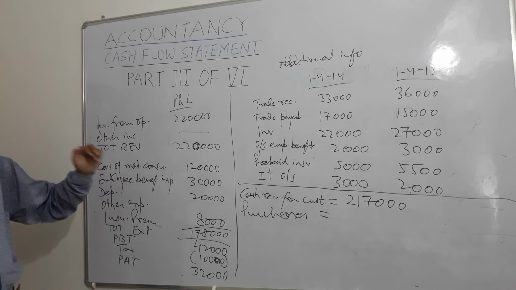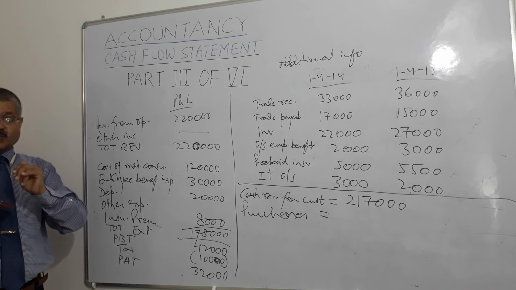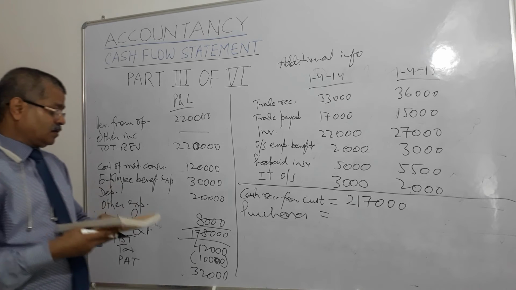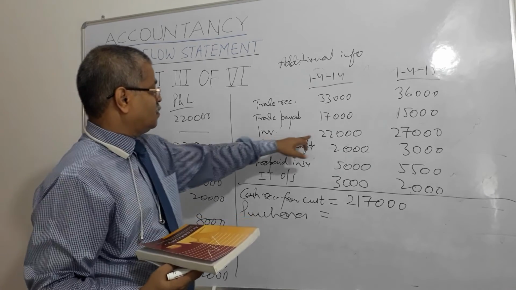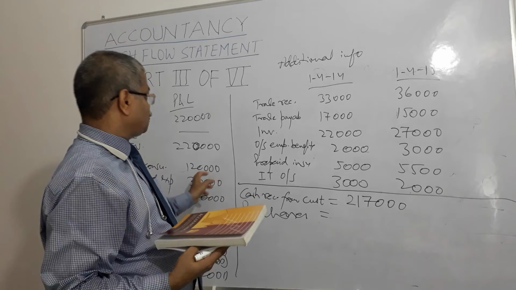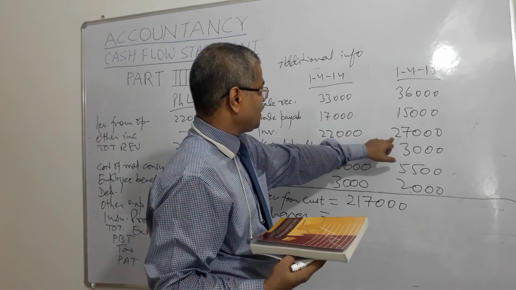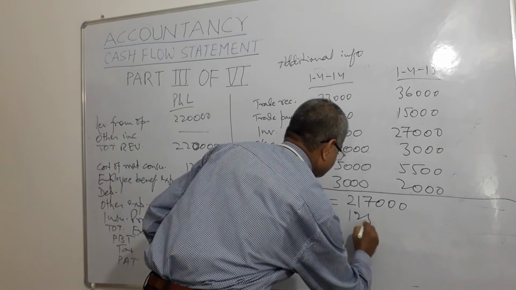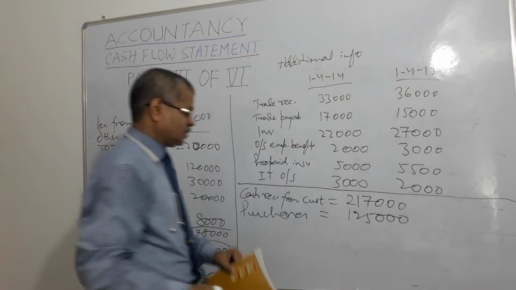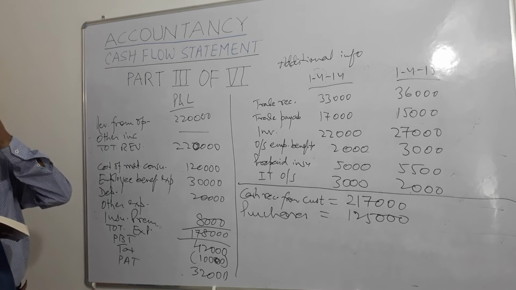Cost of revenue from operations minus opening inventory. So 1,20,000 minus opening inventory 22,000 means 98,000, plus closing inventory 27,000, 1,25,000. So purchases becomes equal to 1,25,000.